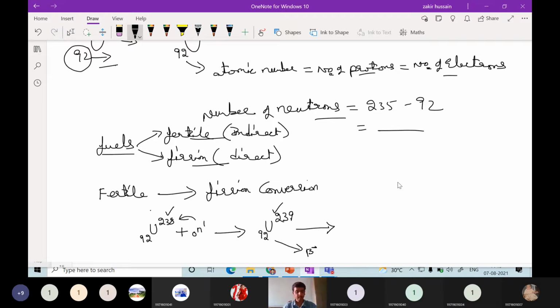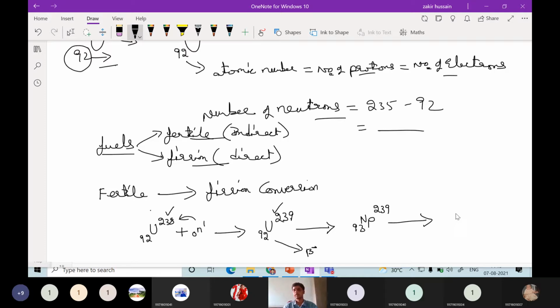The next step is another transformation, to neptunium, Np 93, whose atomic number is 93, and the mass number stays the same because we are not adding any neutron here. So 239 undergoes a transformation to neptunium.